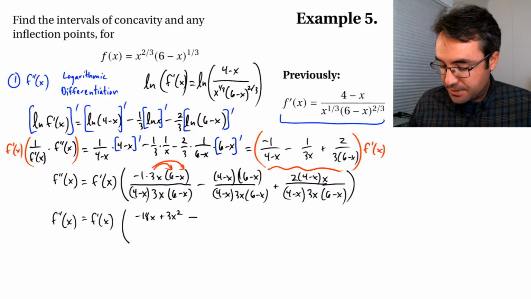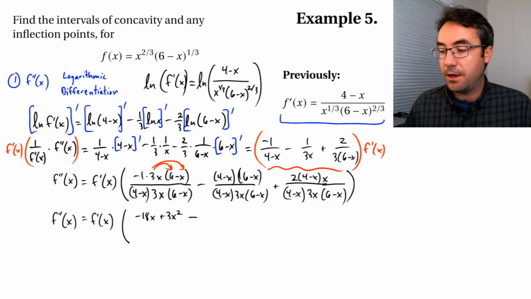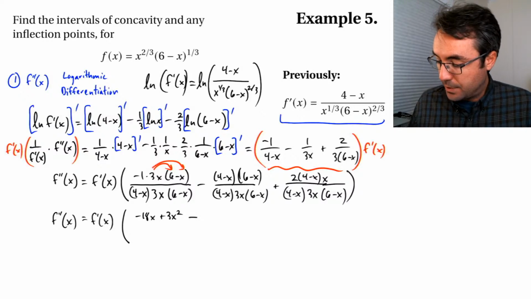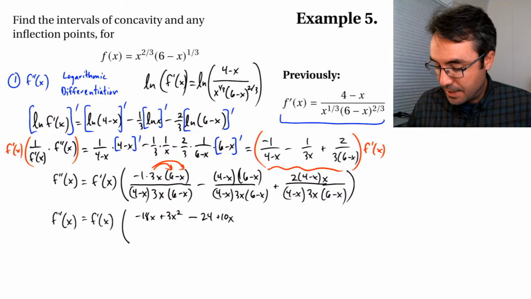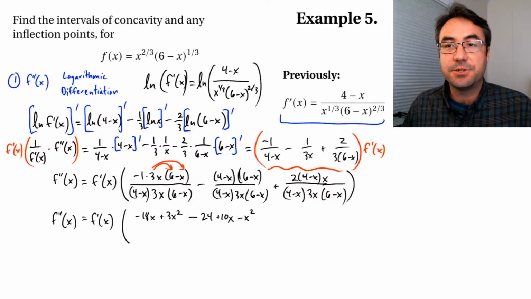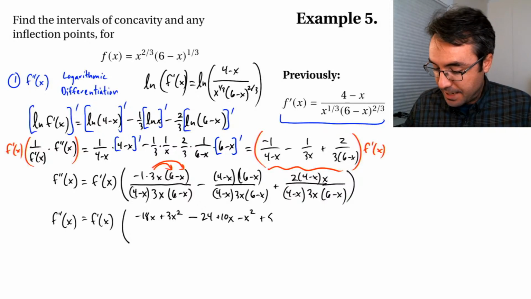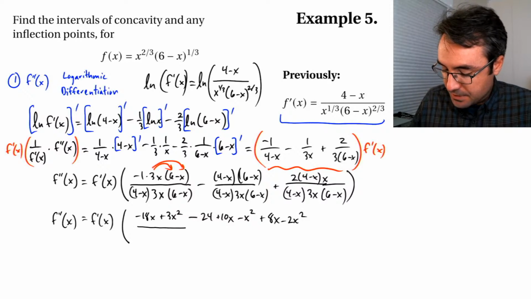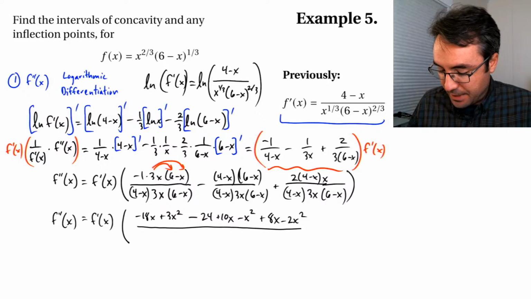Then in the next numerator, if we multiply all that out, we'll get negative 24 plus 10x minus x squared. And then for the last numerator, if we multiply all that out, we end up with plus 8x minus 2x squared. And this is all over our common denominator.